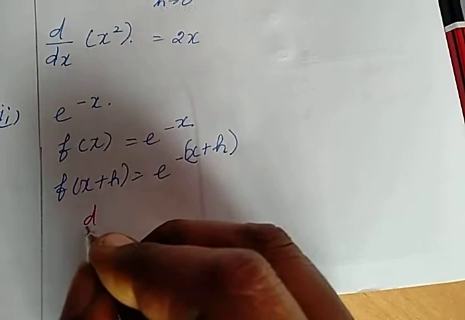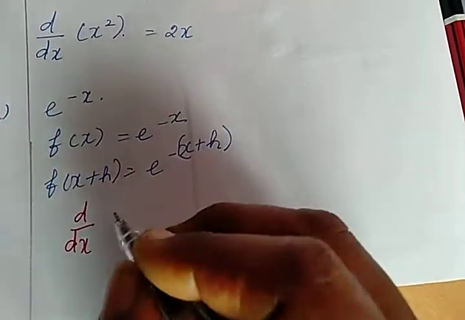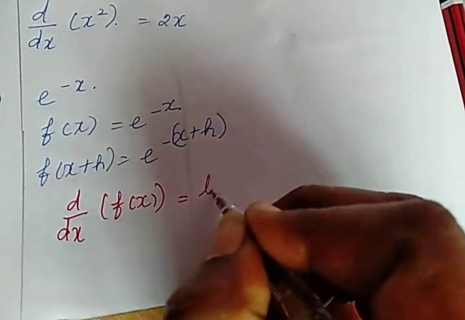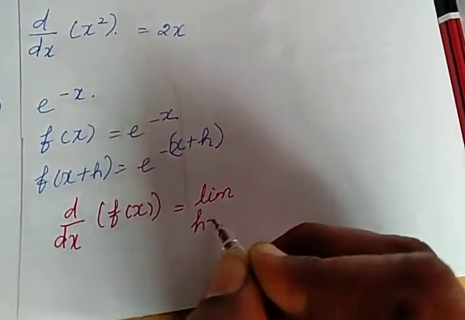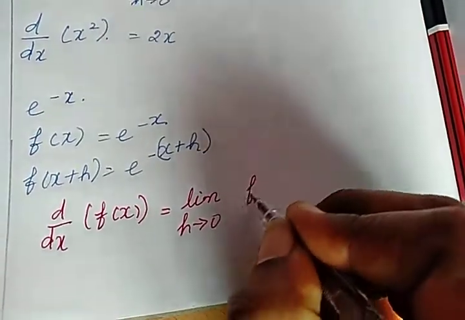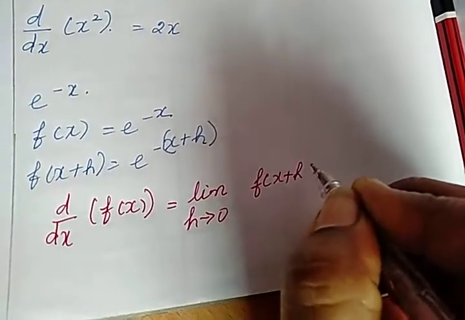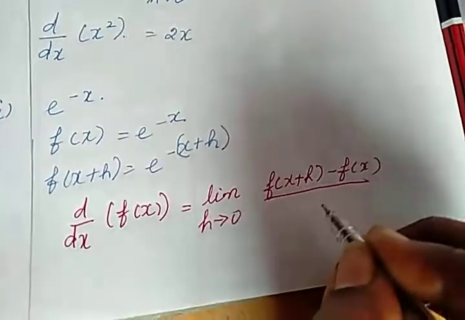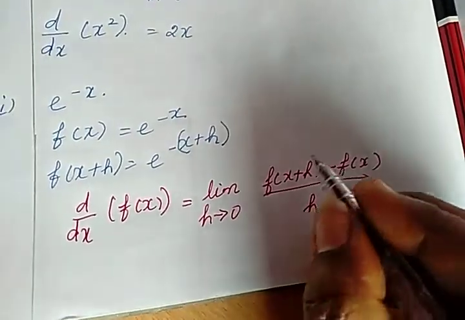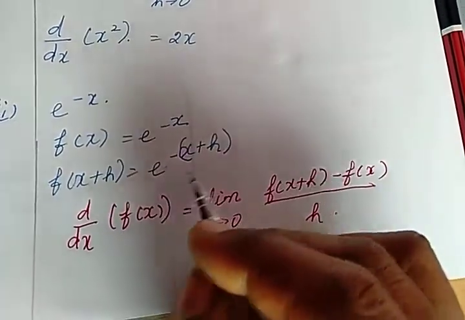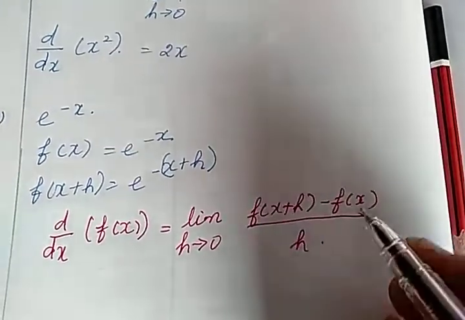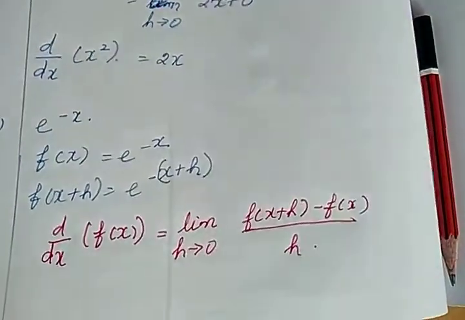What is the formula? This is the first principle formula: d by dx of f of x is equal to limit h tends to 0, f of x plus h minus f of x the whole divided by h. Now instead of f of x plus h, we will be substituting e power minus of x plus h, and instead of f of x, we will be substituting e power minus x.